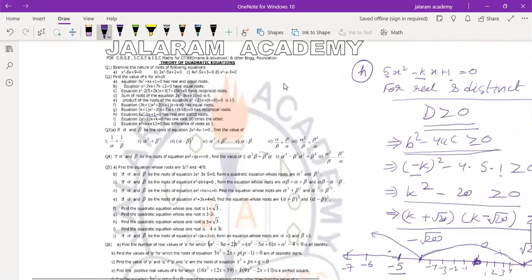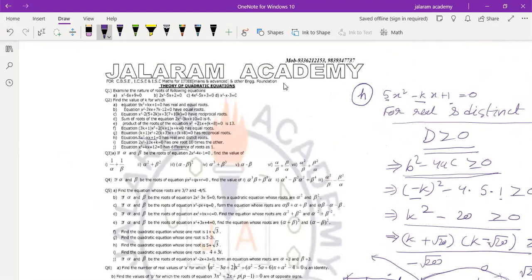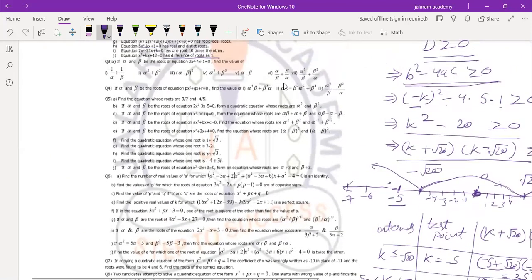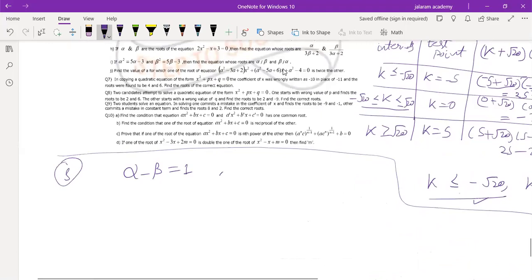Question J. Difference of roots is 1 given, means alpha minus beta equals to 1 is given, for the equation x square plus kx plus 12.